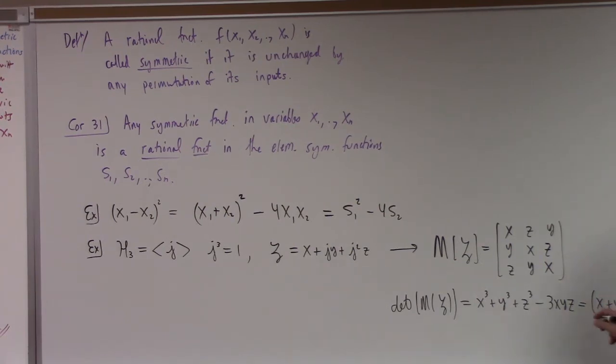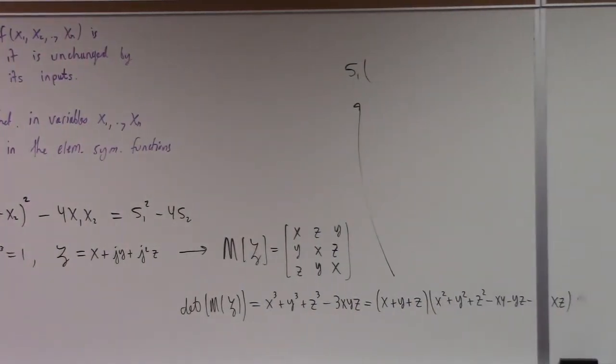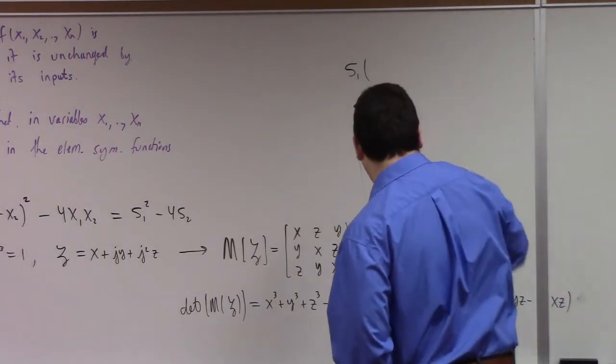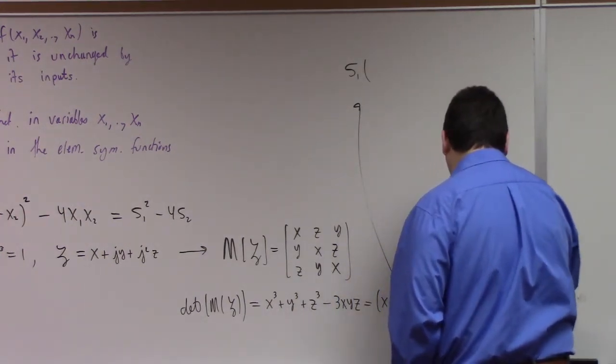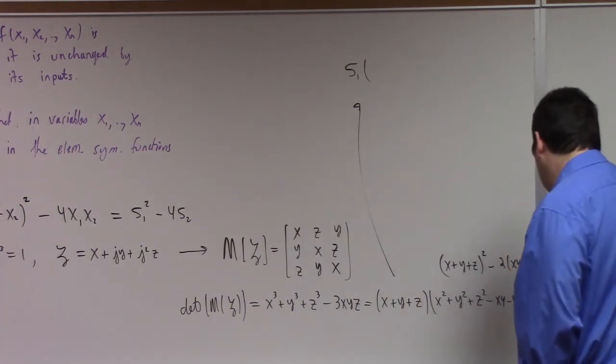Let's see here. Maybe I should write up here. This is s1. I can change that into x plus y plus z squared, you said, minus twice this thing?